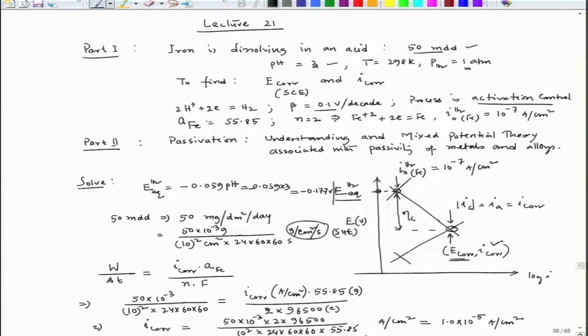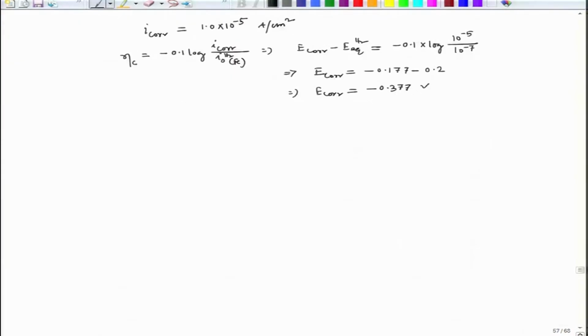Remember, when we calculate this E equilibrium hydrogen, that is based on pH, and this equation is with reference to hydrogen electrode. So, that is what initially we have taken, everything on the potential axis in hydrogen scale with reference to standard hydrogen electrode, whose potential at room temperature is 0.